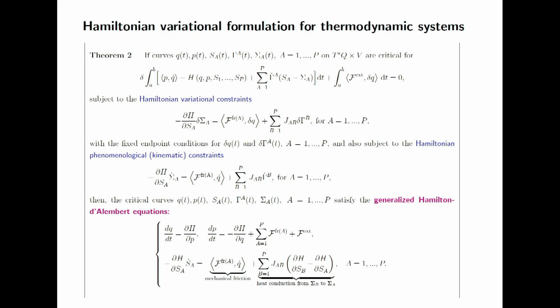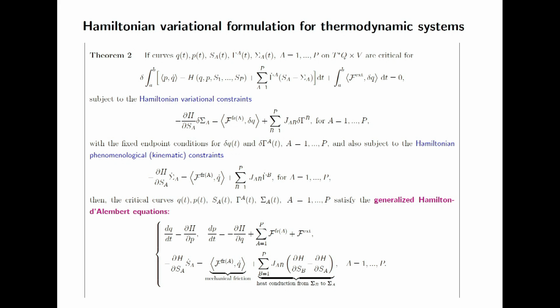So here we have Hamilton's phase space principle, but we extend it for the nonlinear non-holonomic constraint system. Namely, we have the Hamiltonian variational constraint like this, and with the nonlinear Hamiltonian kinematic constraint.